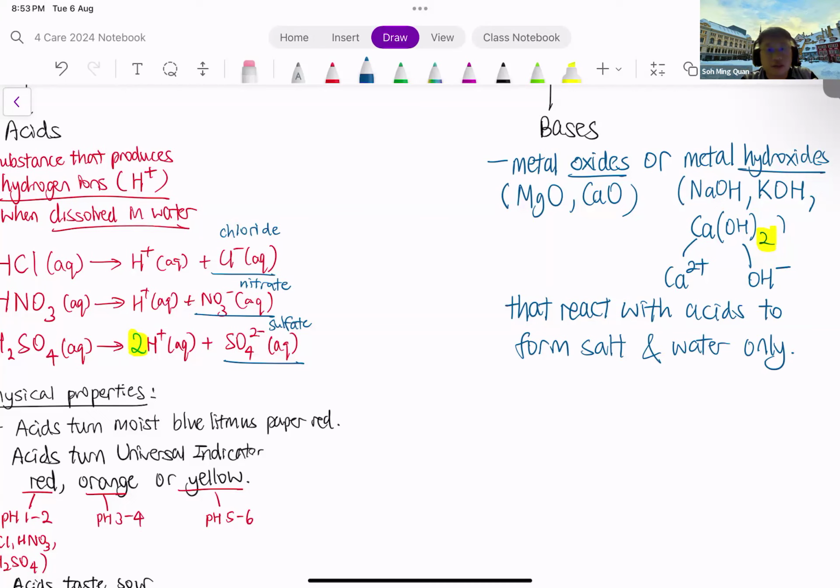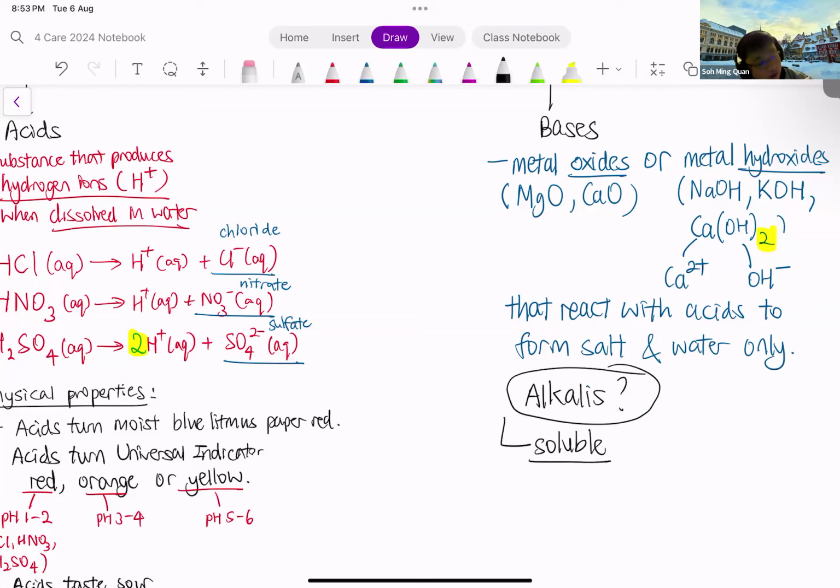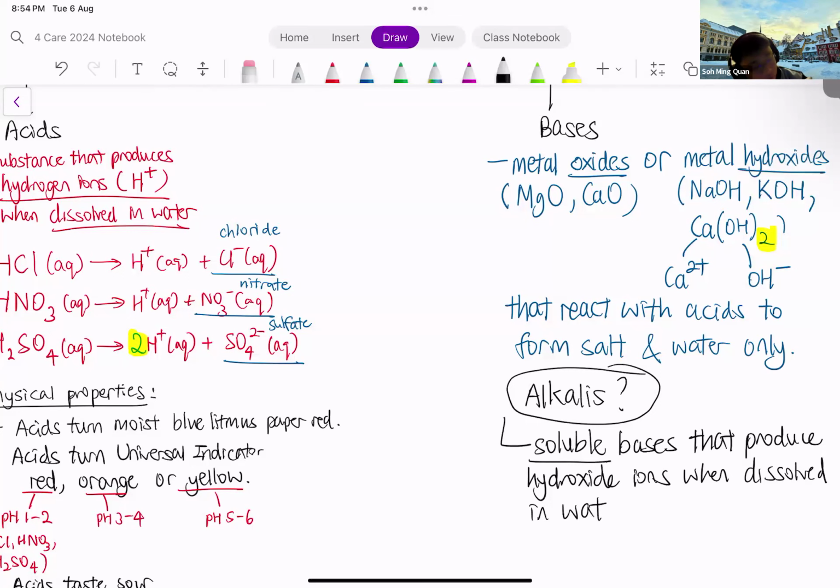Okay, so that's the definition of bases. But you have also learned in Sec 2 probably this word called alkalis. So what are alkalis? Alkalis are soluble bases. That means they are bases, they are metal hydroxides, for example. But they must be soluble in water because you must produce hydroxide ions when dissolved in water.